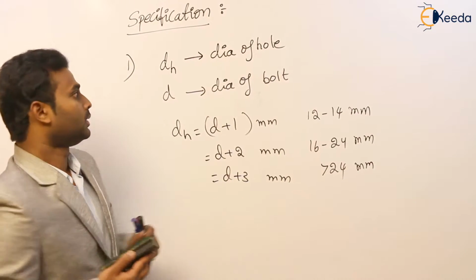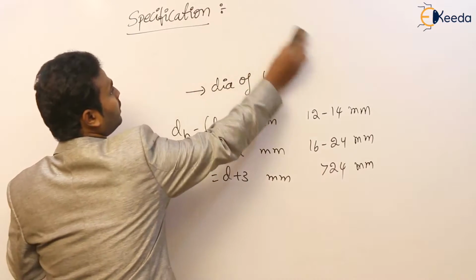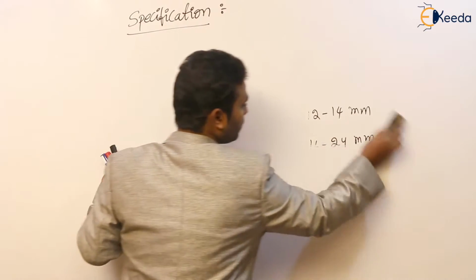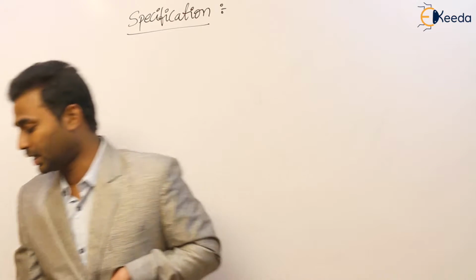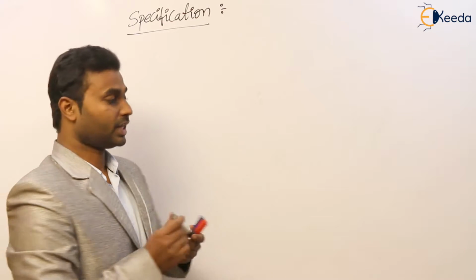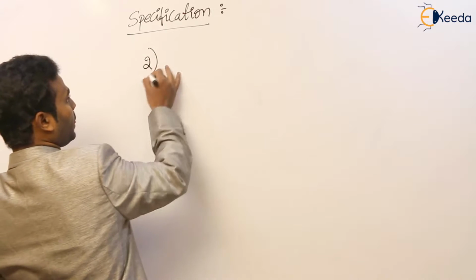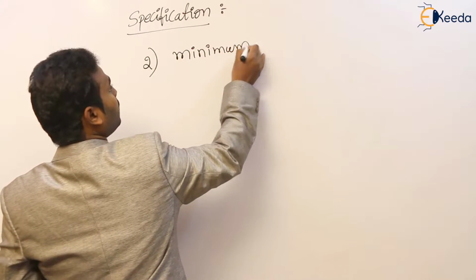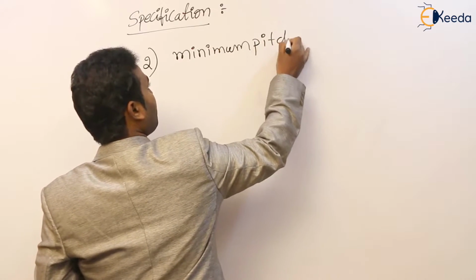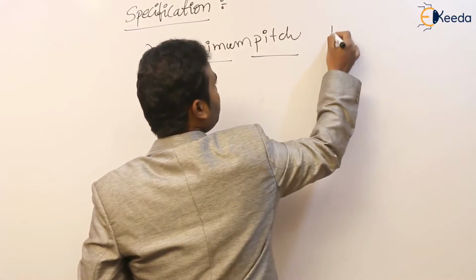So the next provision is a very, very important provision, and one that is repeated a number of times. That is the minimum pitch, which we represent with P minimum.